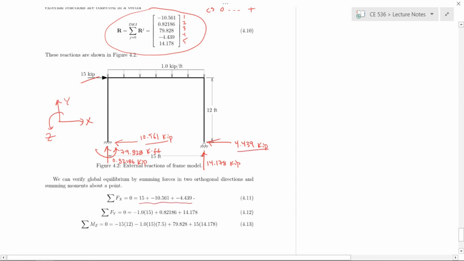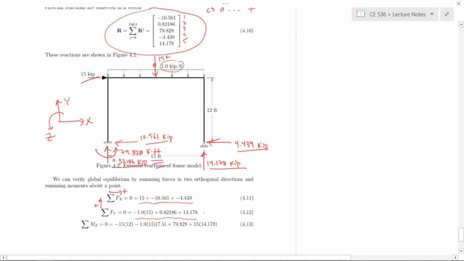And those all sum up to 0, saying everything to the right is positive. And then vertically, we have this reaction and this reaction adding up to 15 Kips, which is the total load of this distributed load of 1 Kip per foot over this length of 15 feet. Okay, so that's what we have here.